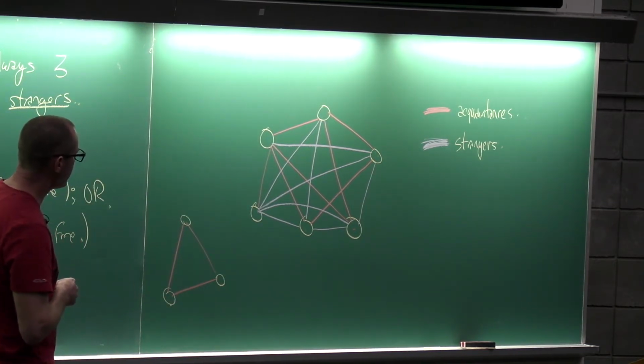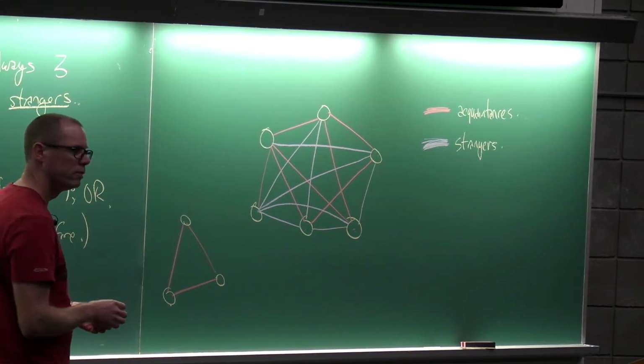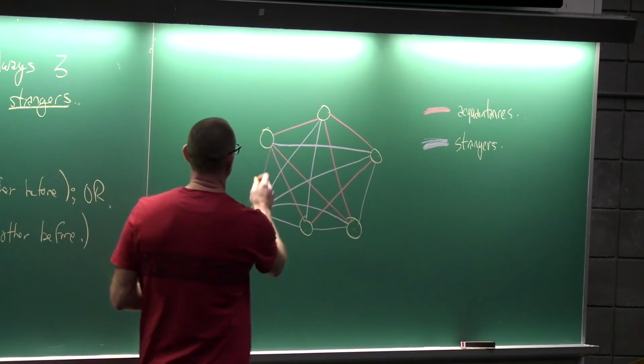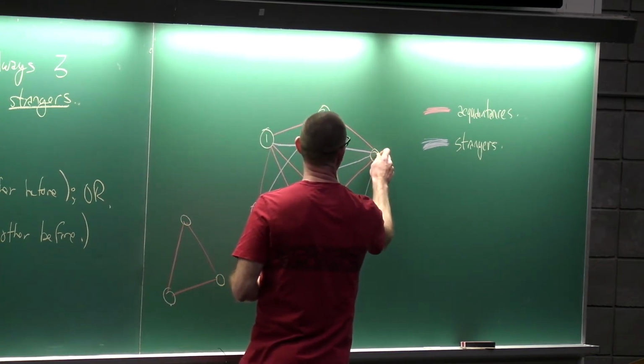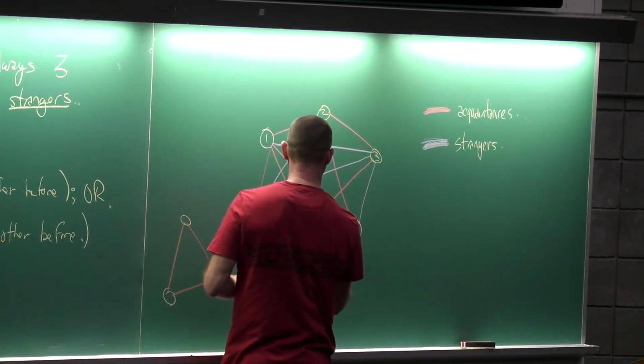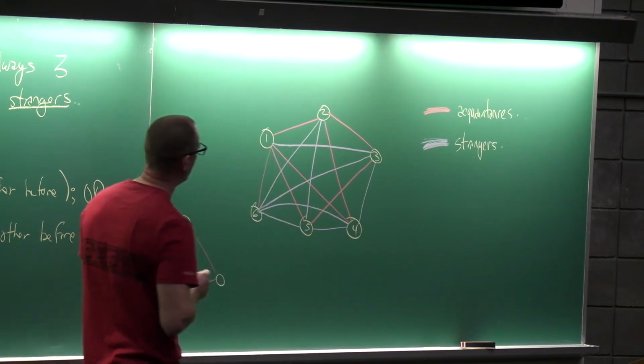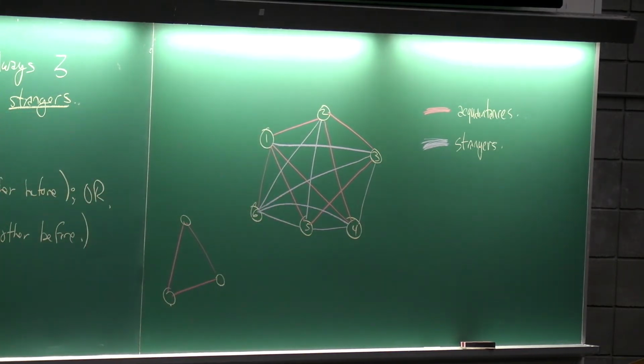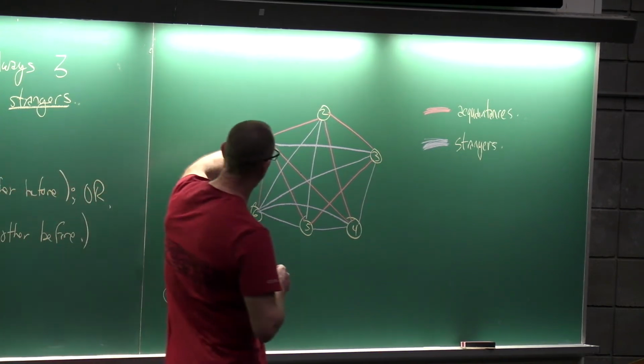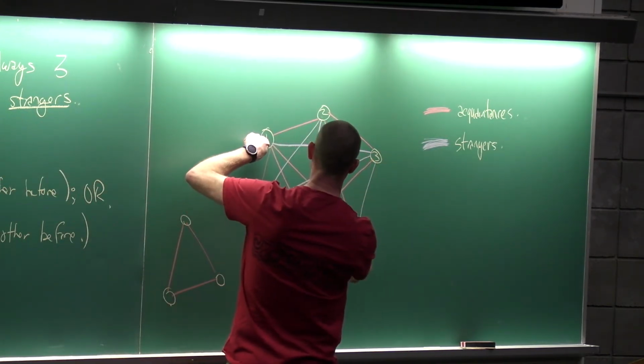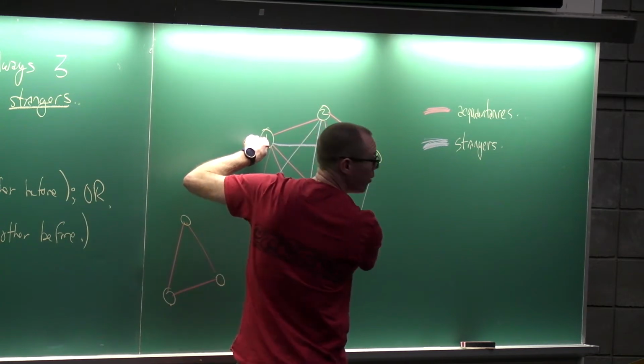Is there a red triangle in this picture? Maybe I'll give them names now so someone can tell me if there's a red triangle. 1, 2, and 4, indeed, that is a red triangle.